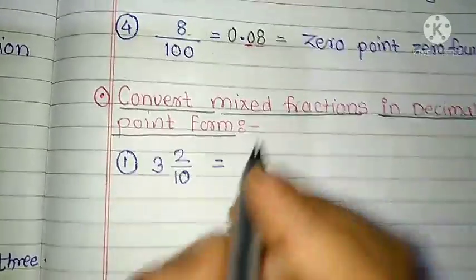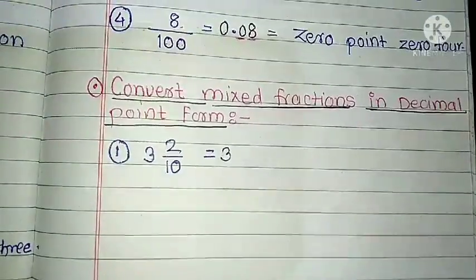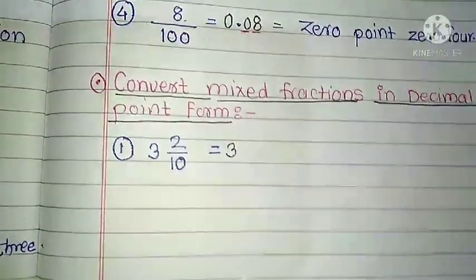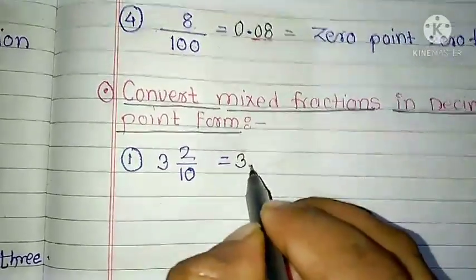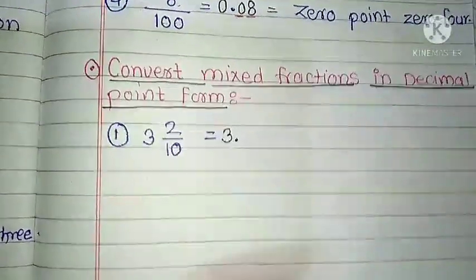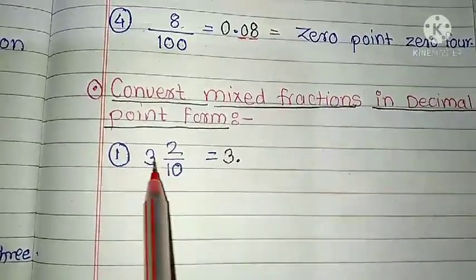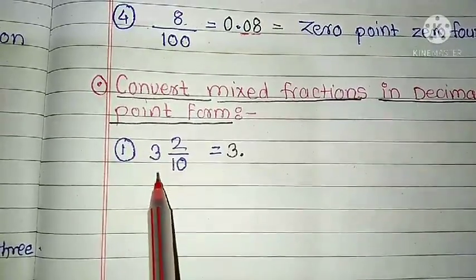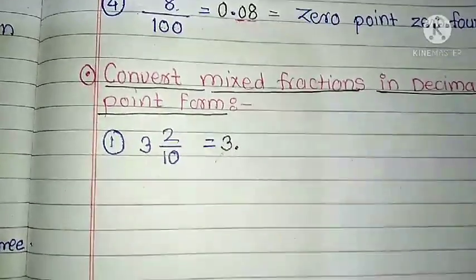Which number is complete? 3. So I am writing here 3. Then give a point. When we convert a mixed fraction into a decimal point, first we have to copy this number as it is and put a point.